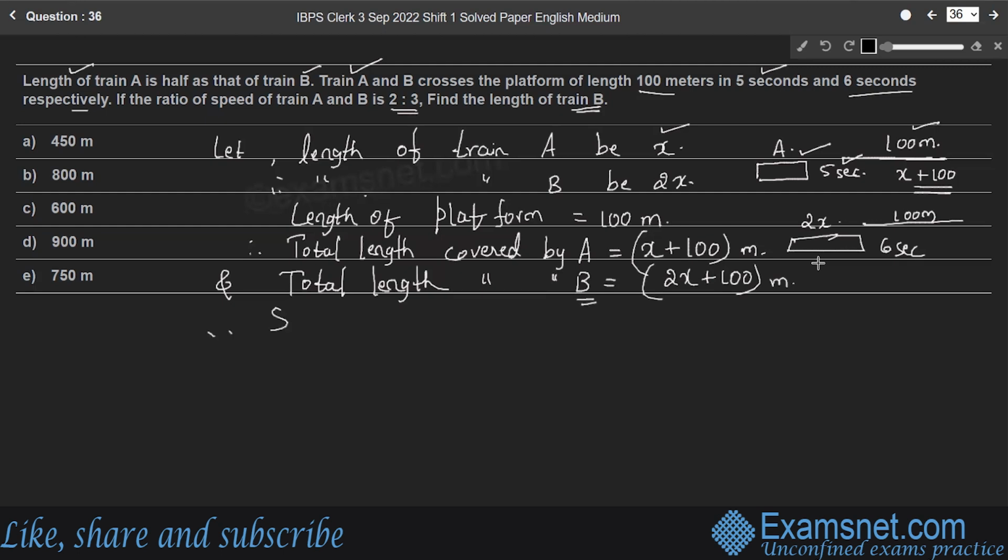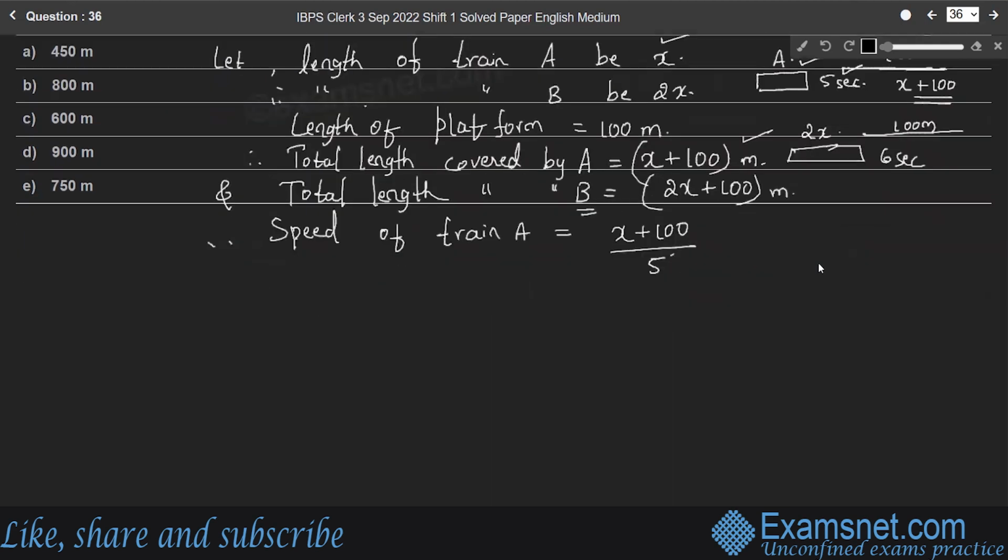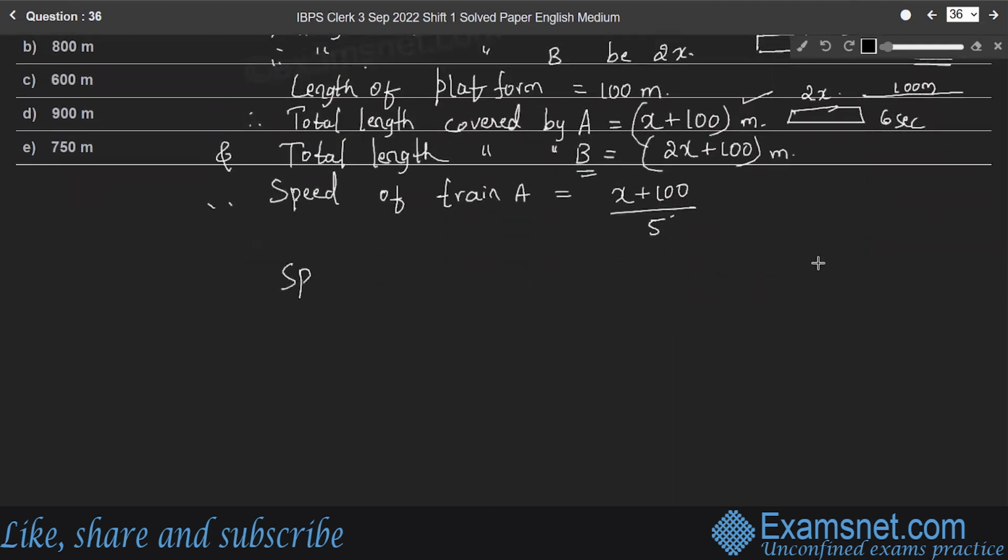Therefore, speed of train A is distance by time. So, distance is x plus 100 by time is 5 seconds. And speed of train B will be distance is 2x plus 100 by time is 6 seconds.